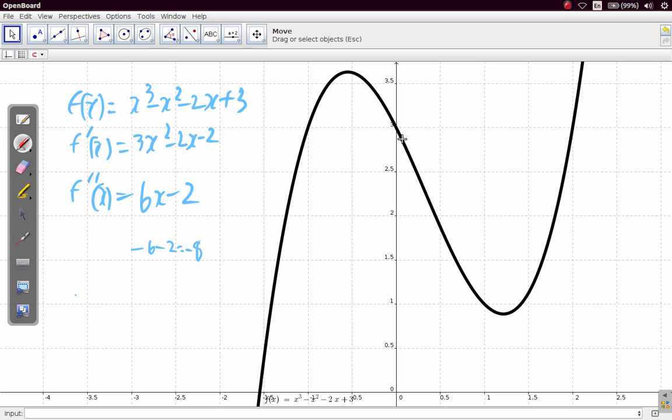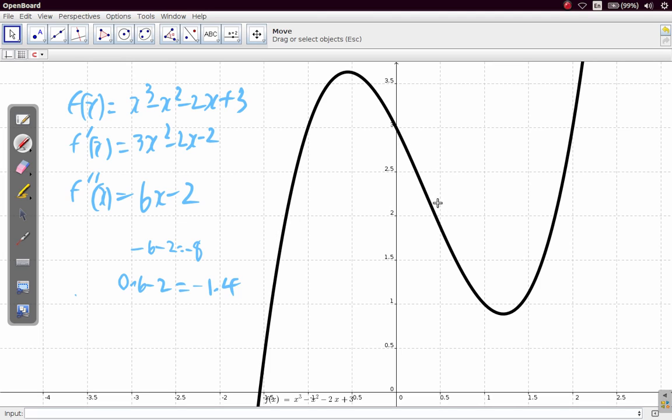If we substitute a value here, say 0.1, what you would have is 6 times 0.1, which is 0.6, minus 2, which is -1.4, I think it is. You see, it's still negative.